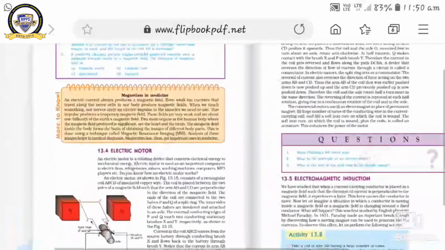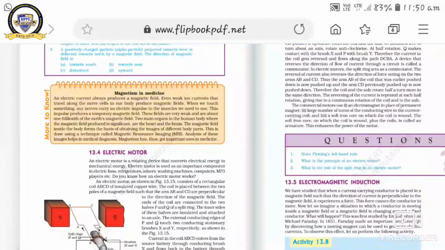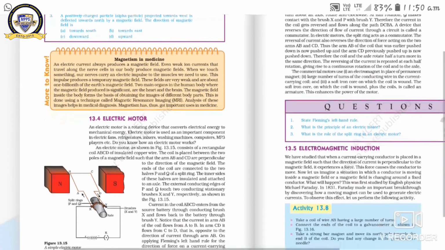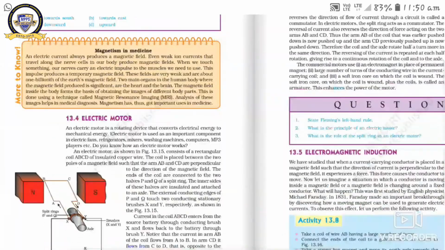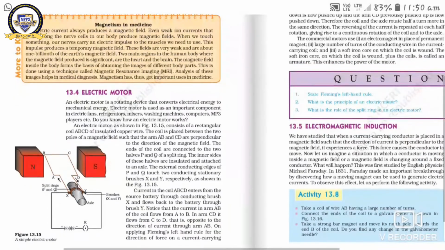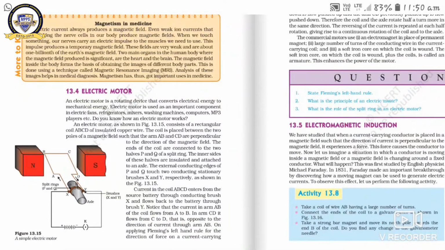What is an electric motor? An electric motor is a rotating device that converts electrical energy to mechanical energy. It is used as an important component in electric fans, refrigerators, mixers, washing machines, computers, MP3 players, etc. Got it?